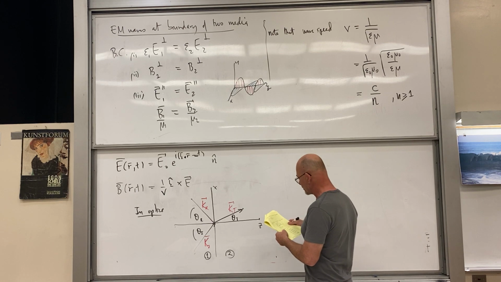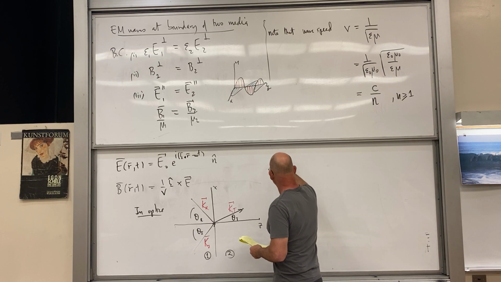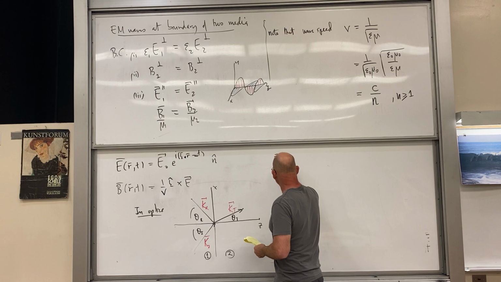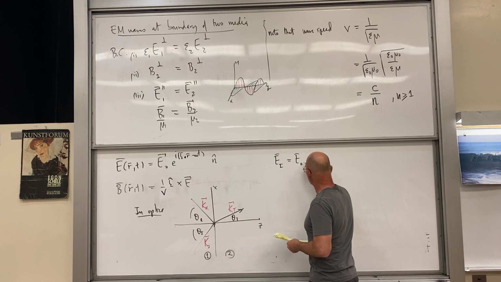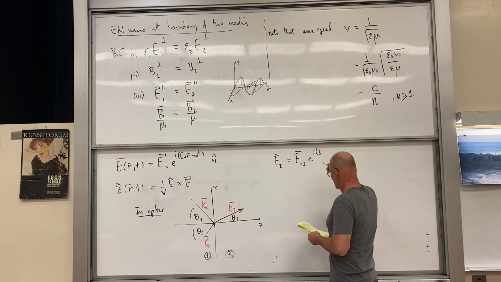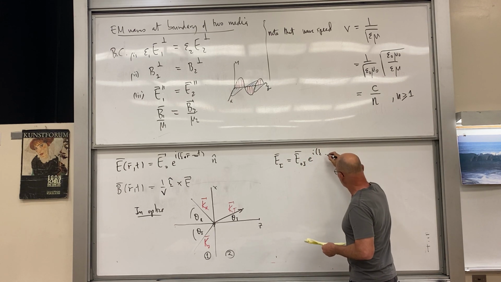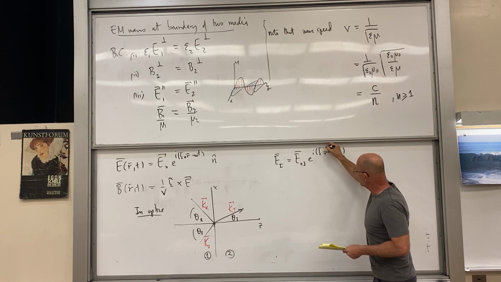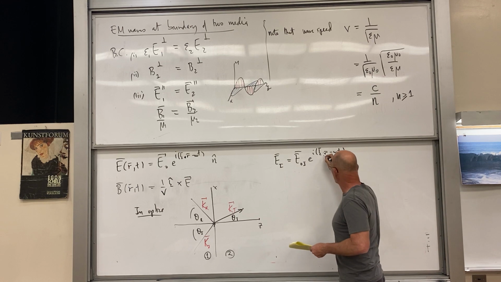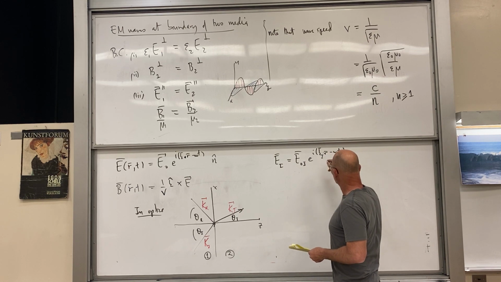So I think I'll write them all down. So we have for the incident electric field this constant, and then e to the i k dot r minus omega t. It's always going to be the same thing, labeled with incident and so forth.